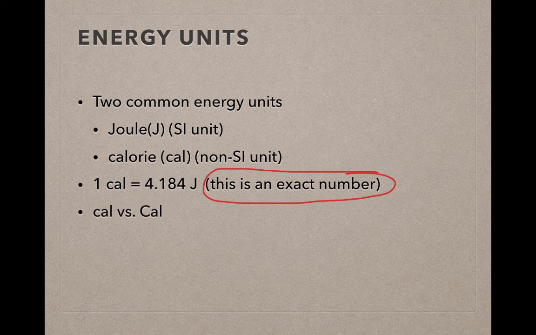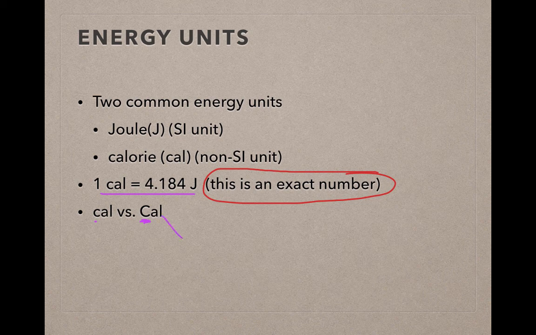Now if we want to take a look at two values here, sometimes you'll see calories reported with a lowercase c, and sometimes you'll see Calories reported with an uppercase C, and they are very different. The calorie that's listed first with the lowercase c is the calorie that we have here. It's equal to 4.184 joules.